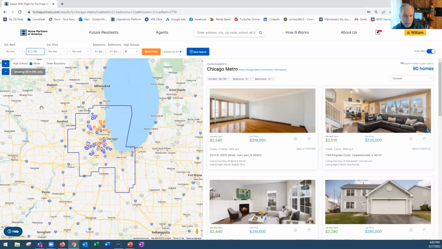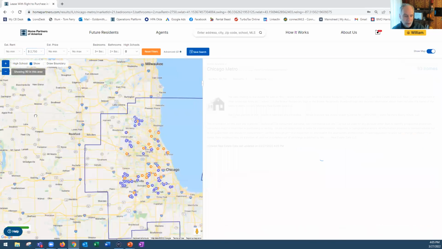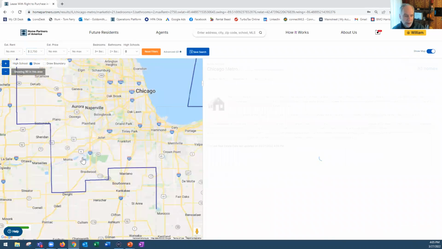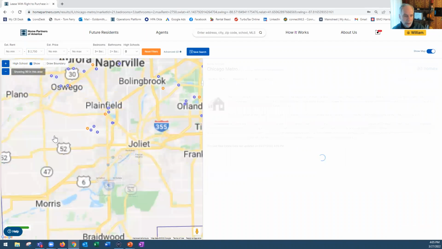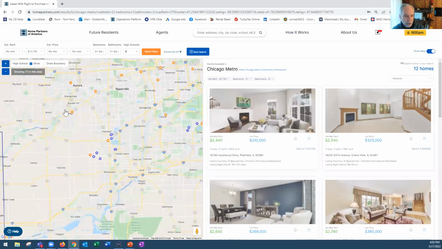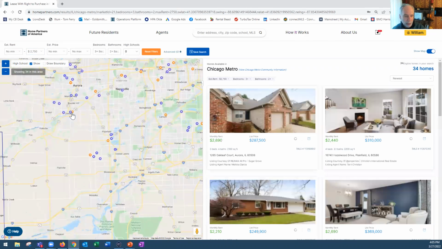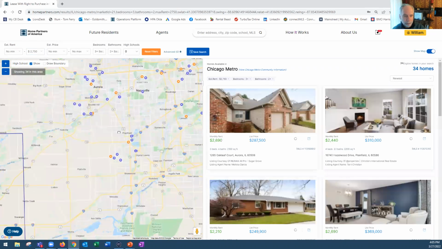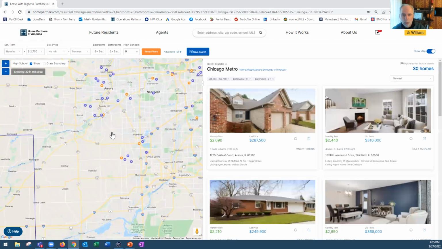Make sure I'm very clear with him that I'm doing that. They said they wanted to be down here in the Plainfield area. Great. But willing to go as far as Oswego or Montgomery. One thing you'll probably have noticed is we've been changing the filters, the 3-bedroom, 2-bath, the maximum rent, $2,750, and zooming in on the map, longitude and latitude.